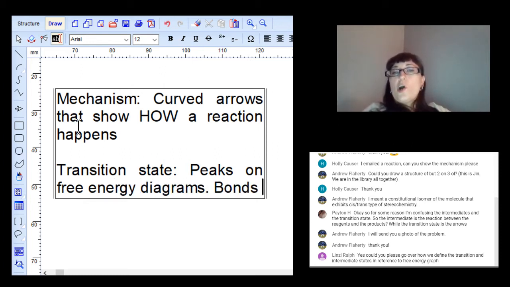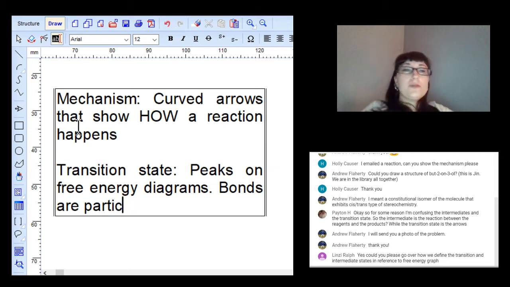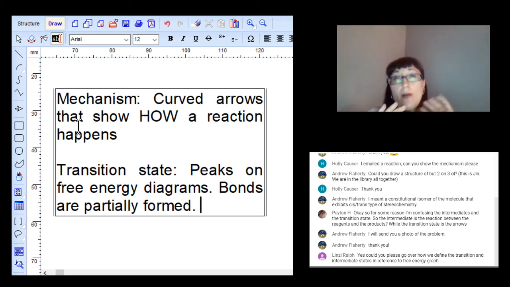Bonds are partially formed. There would be partial positive and negative charges for a transition state. I talk about how to do that on that thing online as well, so double check that. Every single reaction has a transition state because there's always some sort of bonds being made or broken.